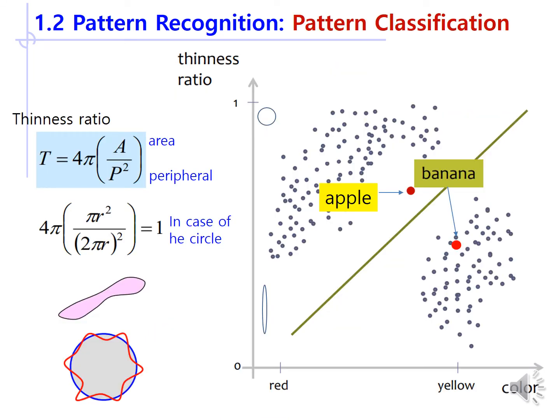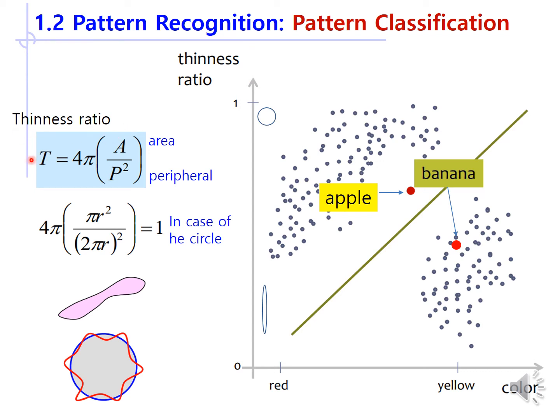This slide shows a pattern classification process. In the banana classification problem, it uses two features. One is color and the other is the thinness ratio.